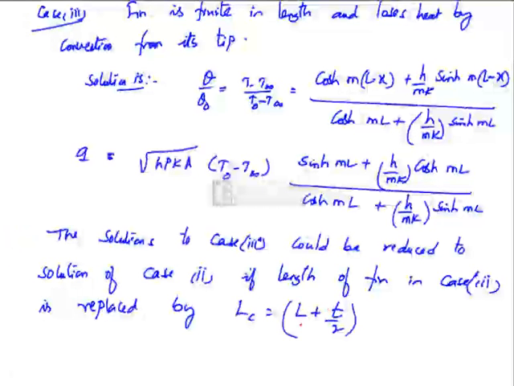Then whatever the solutions obtained for case 2, they would become the solutions of case 3 also. That means case 3 solutions could be reduced to case 2, because case 2 is the fin insulated tip case, by replacing L in case 3 with Lc, that is L plus t by 2. So case 3 also becomes simple now.